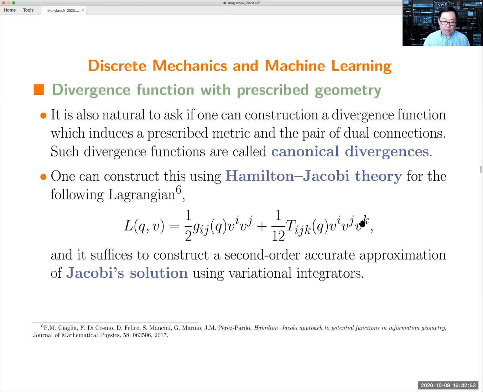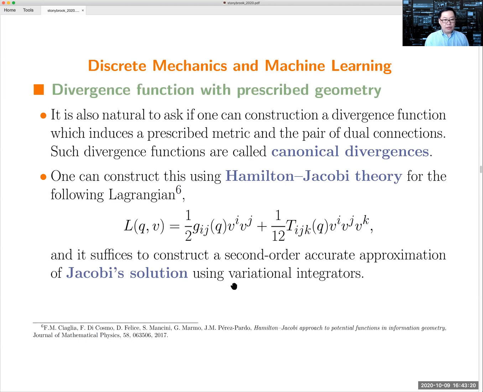If you contract that with 3 copies of the velocity and appropriately scale it, you get this Lagrangian. Then you want to construct at least a second order accurate approximation of the Hamilton-Jacobi solution, and you can do this by using the approximation techniques we developed for variational integrators.